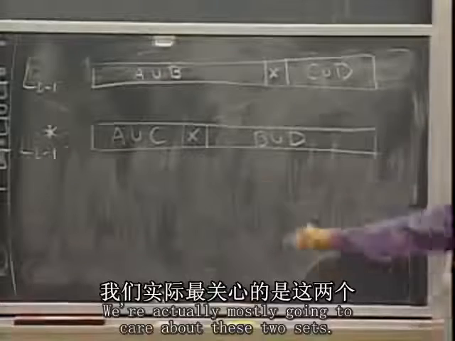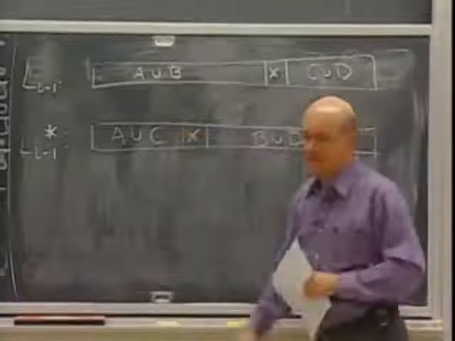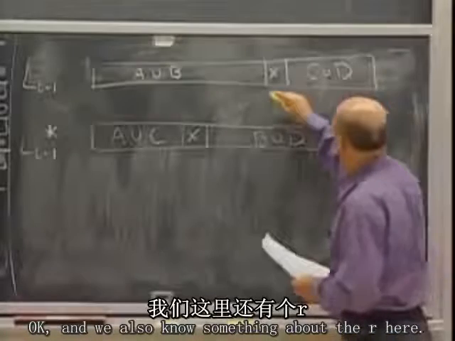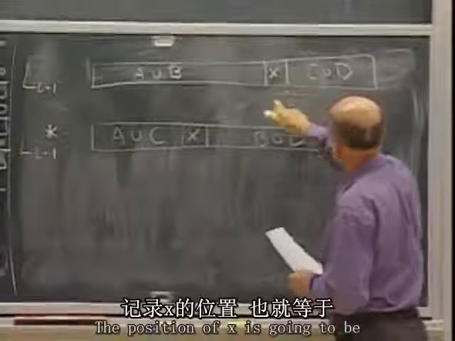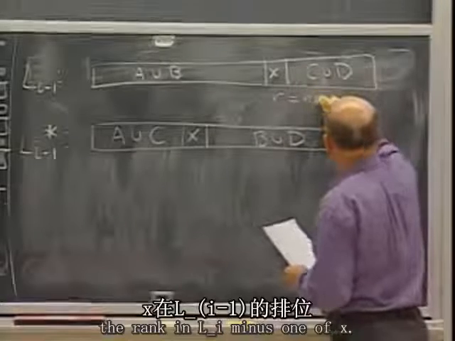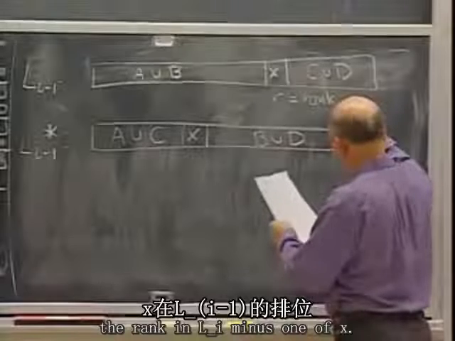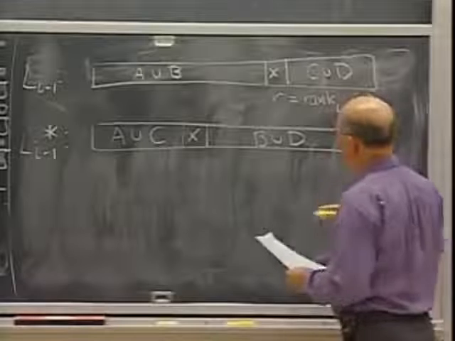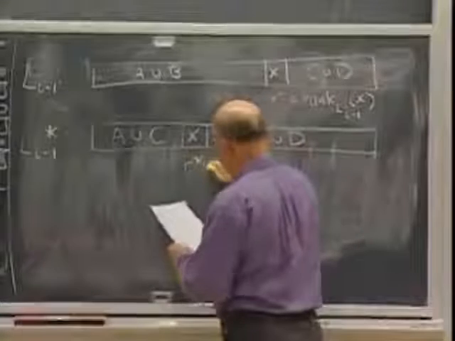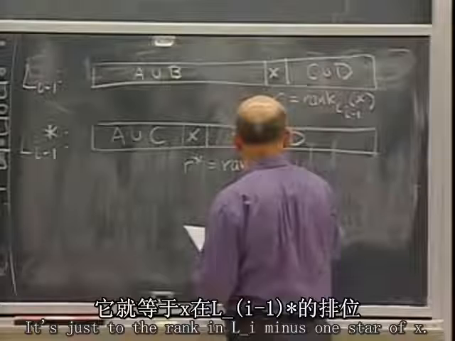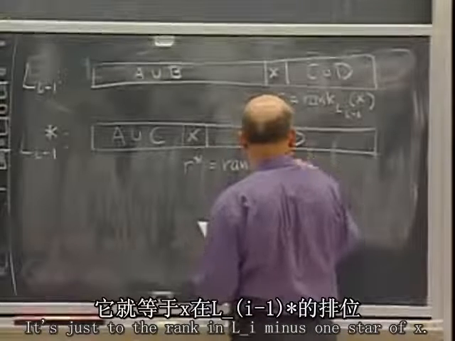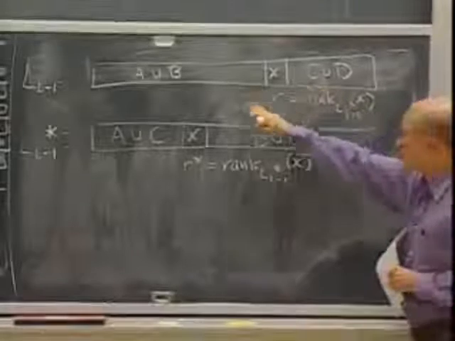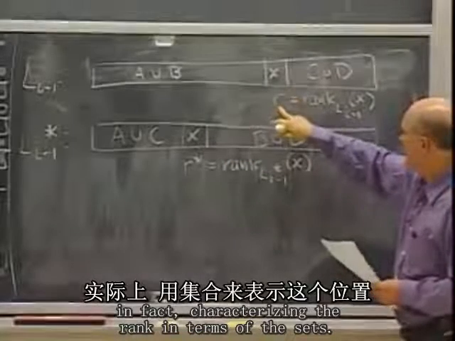We're actually mostly going to care about these two sets. And we also know something about the R here. The position of X is going to be the rank in L sub i minus 1 of X, and R star is just the rank in L sub i minus 1 star of X. What we're interested in is characterizing the rank in terms of the sets.